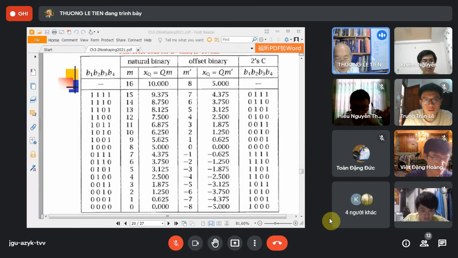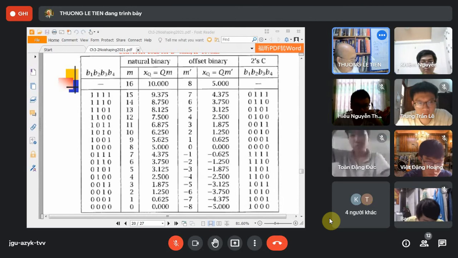I'd like to ask you about this tutorial. We can say this one is a minor tutorial, just checking your understanding about how we can convert.